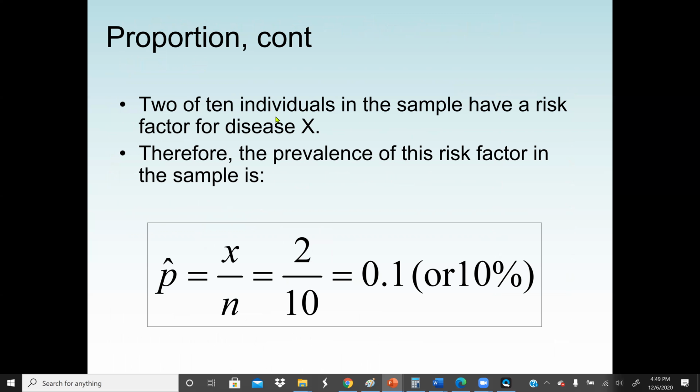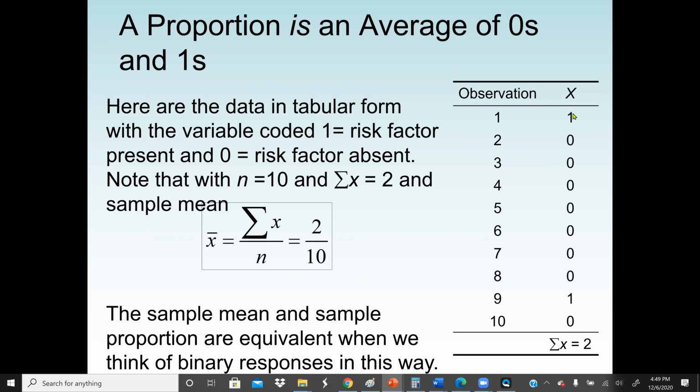Note that the lowercase n is our sample size, 10, and the sum of x is 2, the number of successes. So the sample mean is 2 divided by 10.